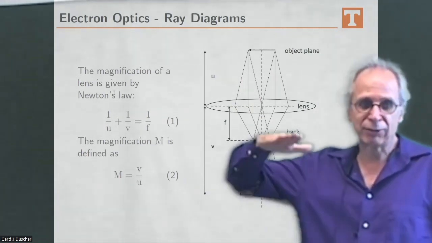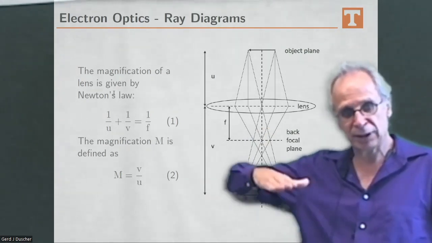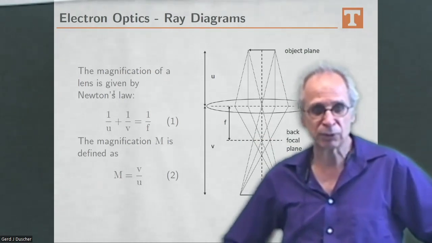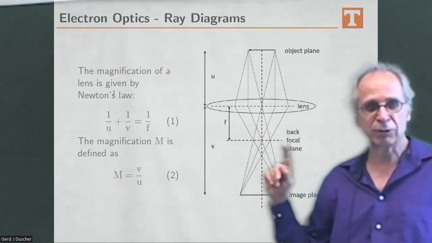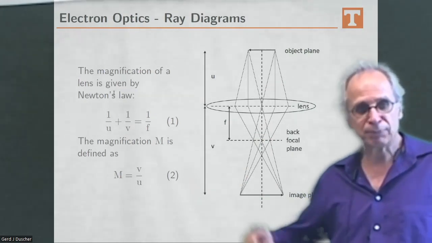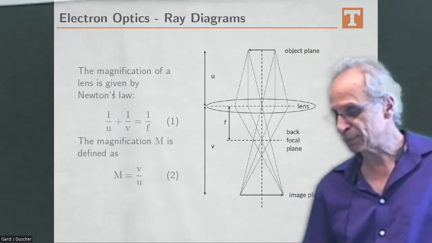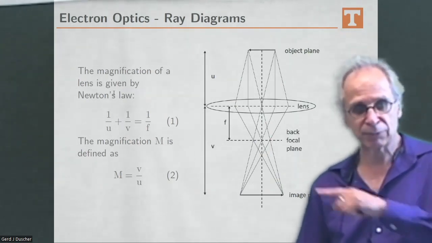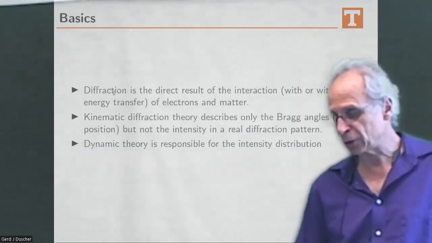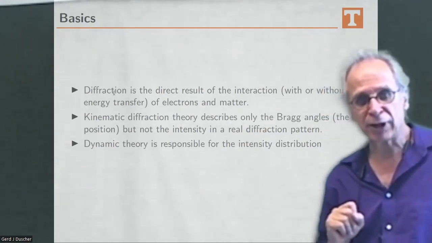And so that's why you have to put it at a very distinct position in height, right? So you adjust the height, and that is only due to the fact that we want to have the back focal plane in the right place with respect to the object. Everything else would not work generally. Okay, so kinematic diffraction.